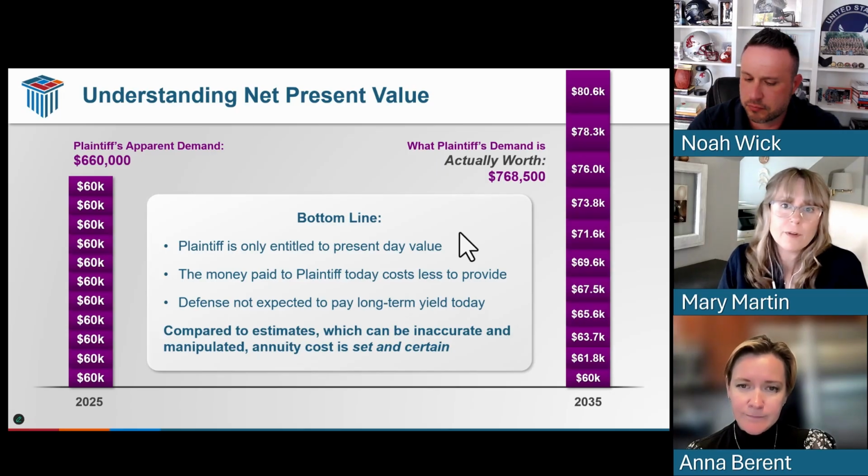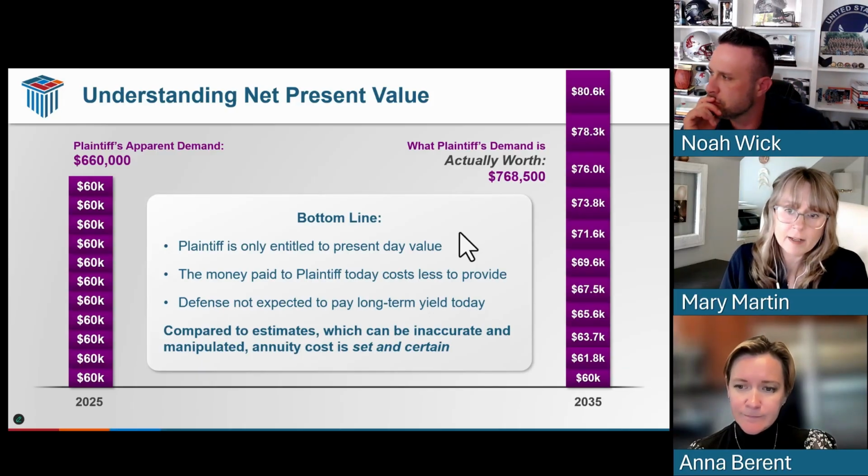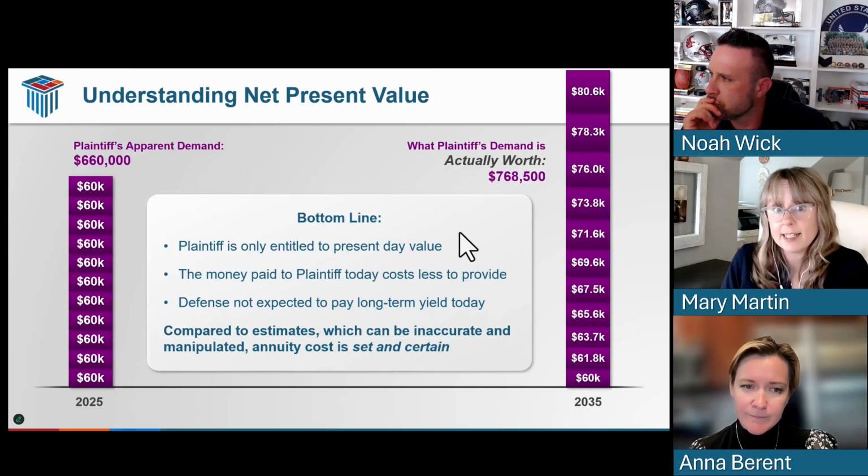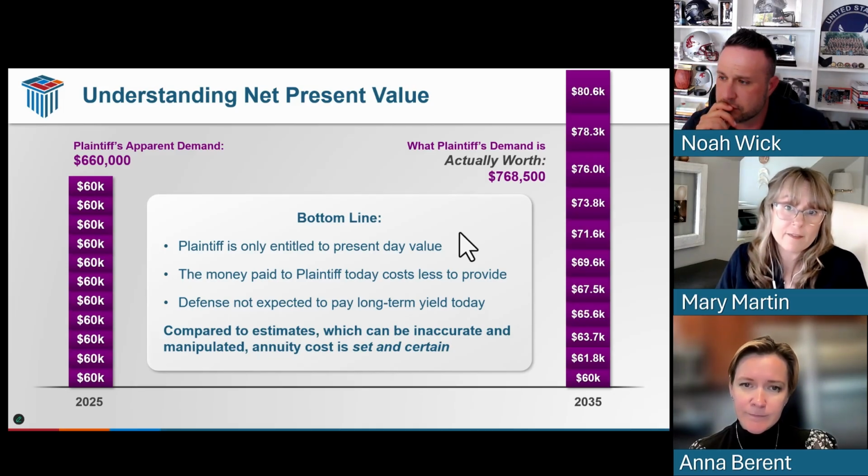And so we have a few different ways we can handle that. But I think it's helpful to understand and to make that distinction for plaintiffs, and mediators, when we're conveying this information about present value, this built-in tax protection is invaluable as well.